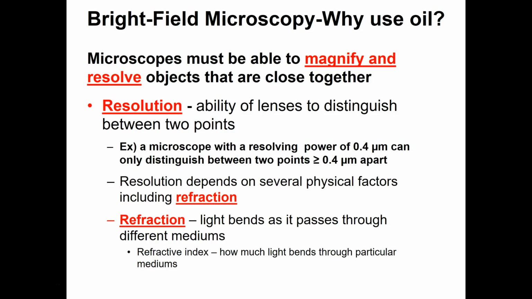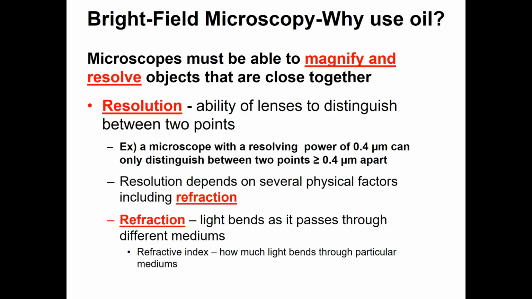So why do we have this limit of resolution? Well, it has to do with some physics, but we'll keep it simple and just say it mostly has to do with refraction. Refraction means that light bends whenever it passes through something or hits an object. As light passes through glass or water, it bends, and depending on what it passes through, it bends more or less.